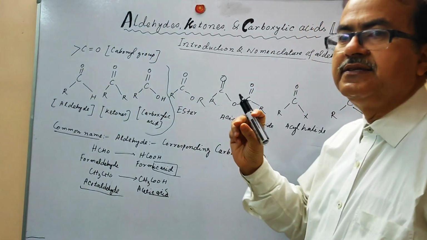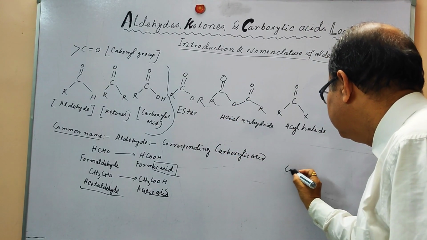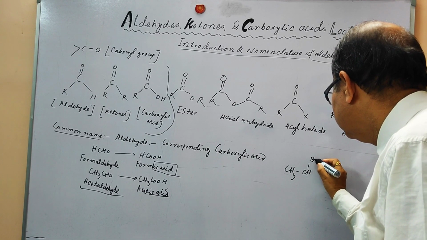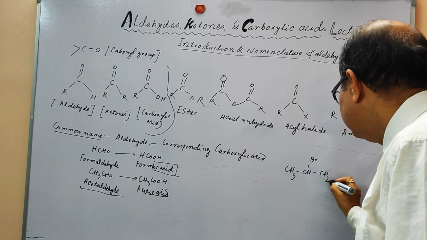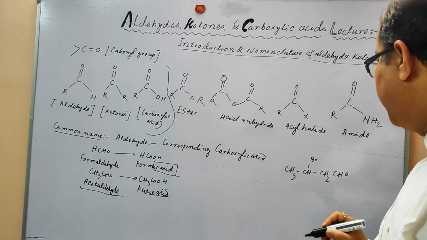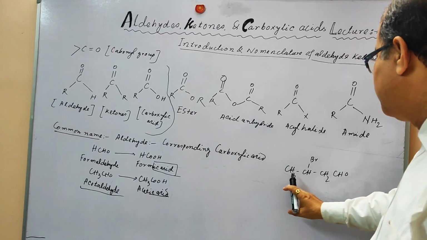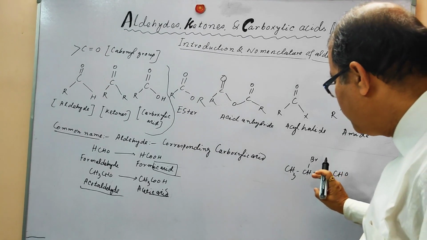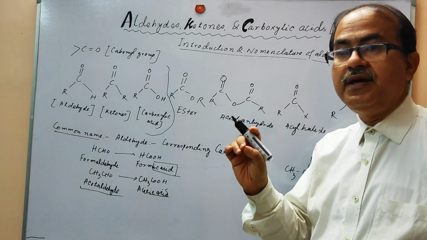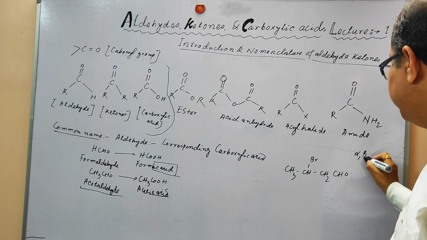If the aldehyde has some substituents, suppose, as for example, this is the aldehyde, and you can see here one bromine atom as a substituent attached to this compound. How do we indicate this substituent?